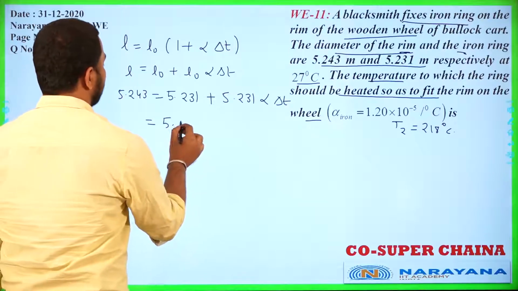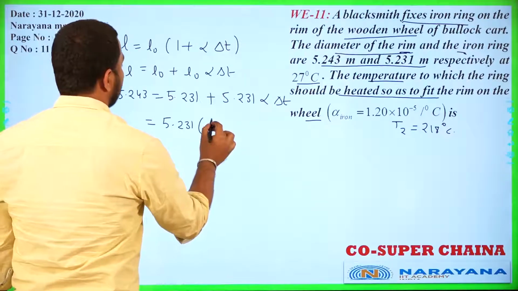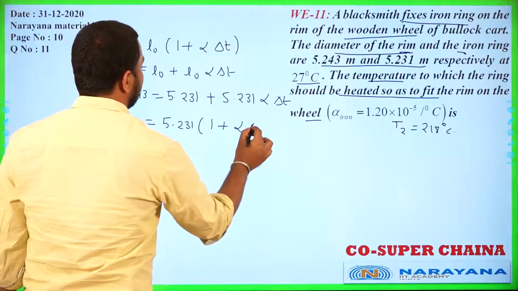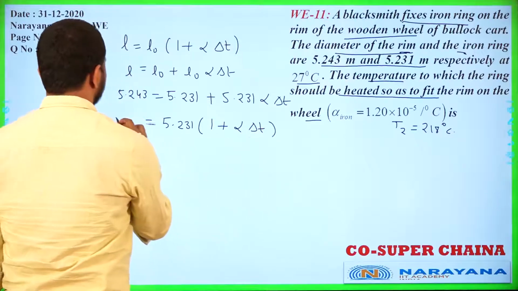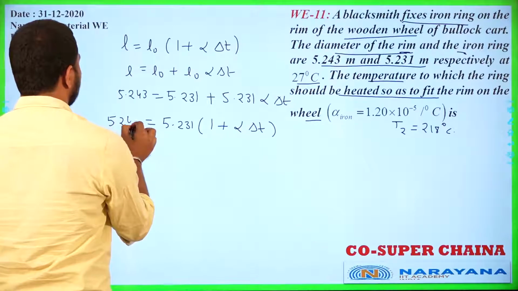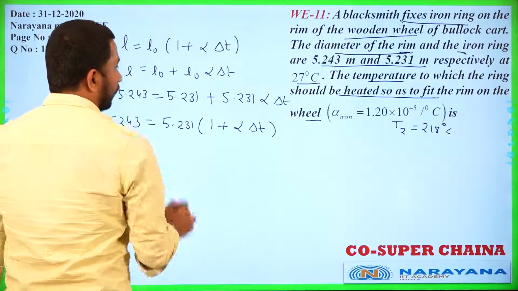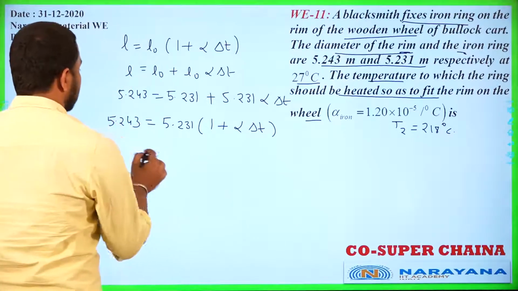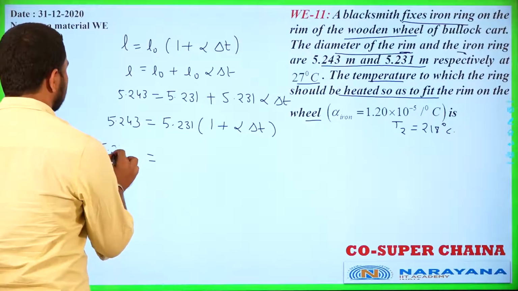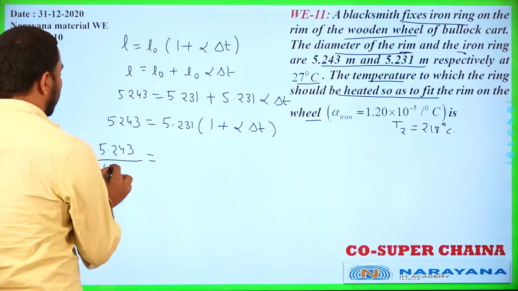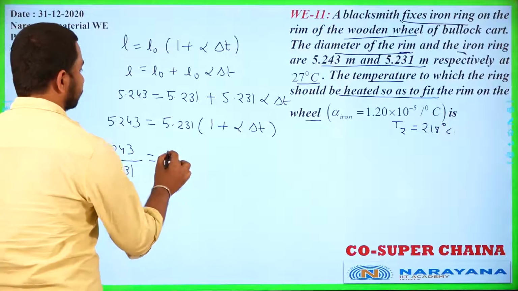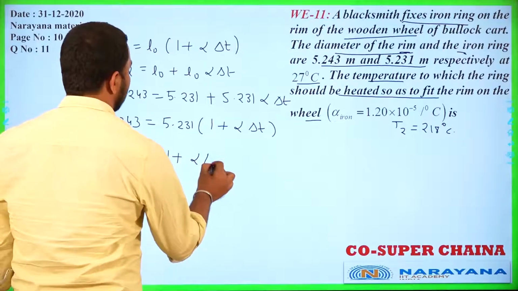If we take 5.231 common, we get 1 plus alpha delta T. So we get 5.243 by 5.231 is equal to 1 plus alpha delta T.